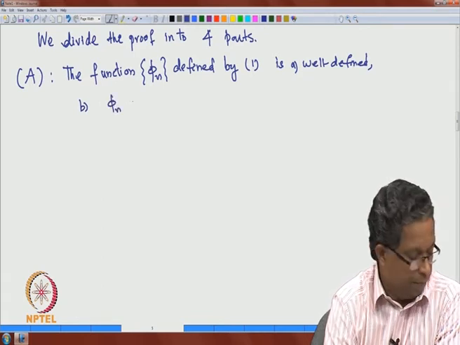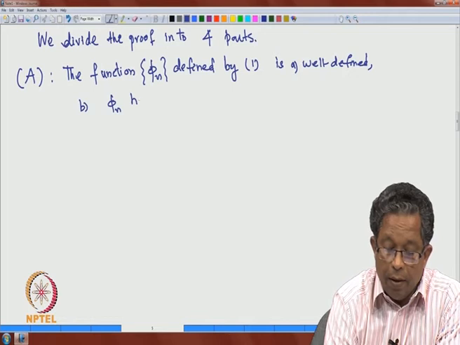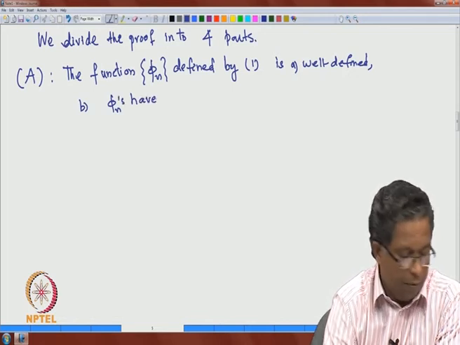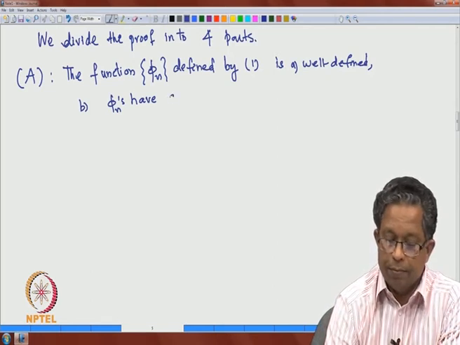B, the phi n's have continuous derivatives.